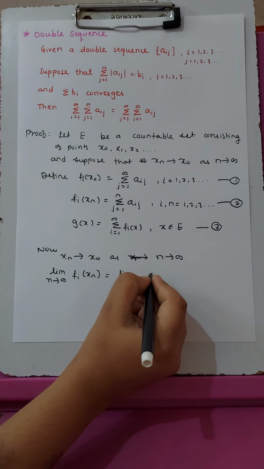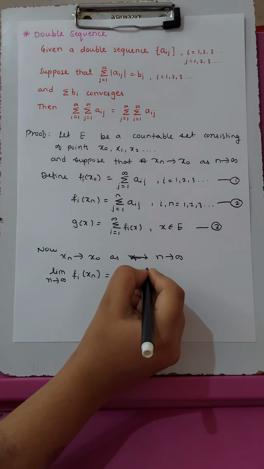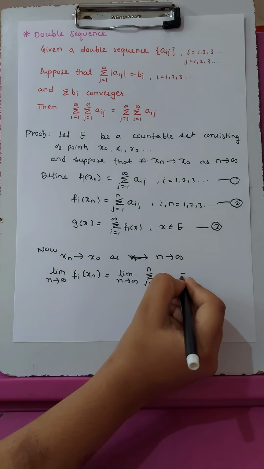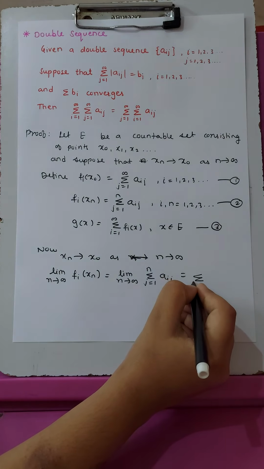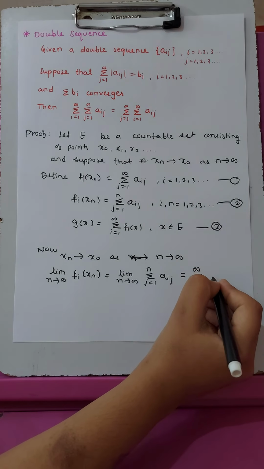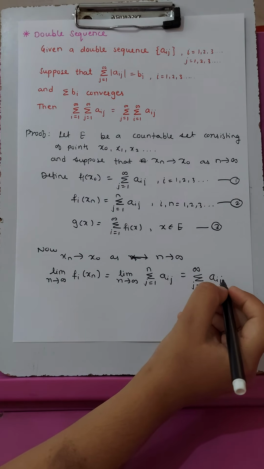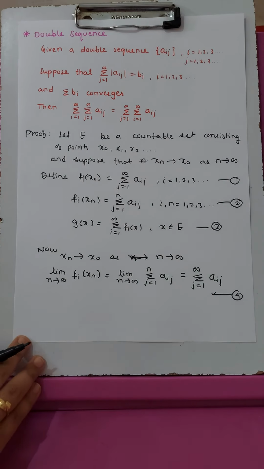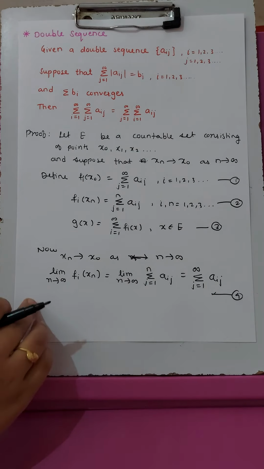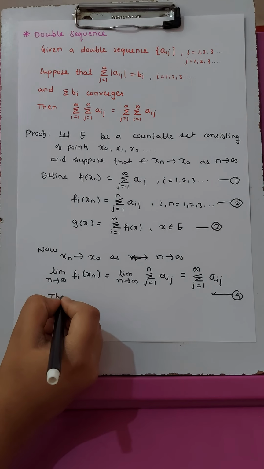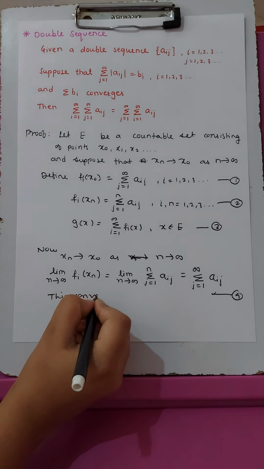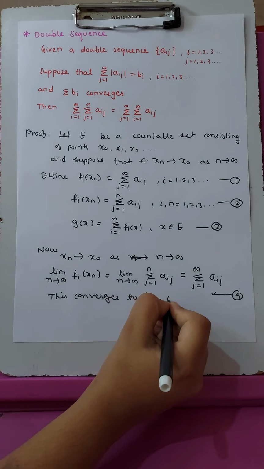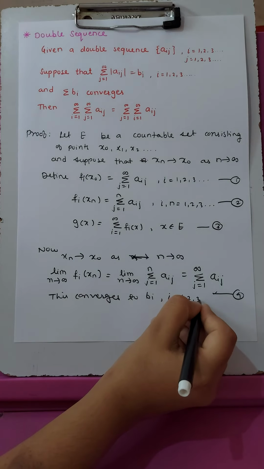From 3 we have summation j from 1 to n aij. So here n tends to infinity, we rewrite it as summation j from 1 to infinity aij, and we give it number 4, and this converges to bi, where i is equals to 1, 2, 3 up to so on.